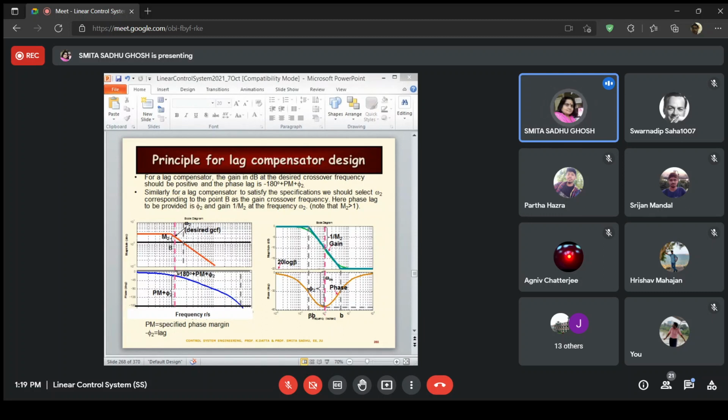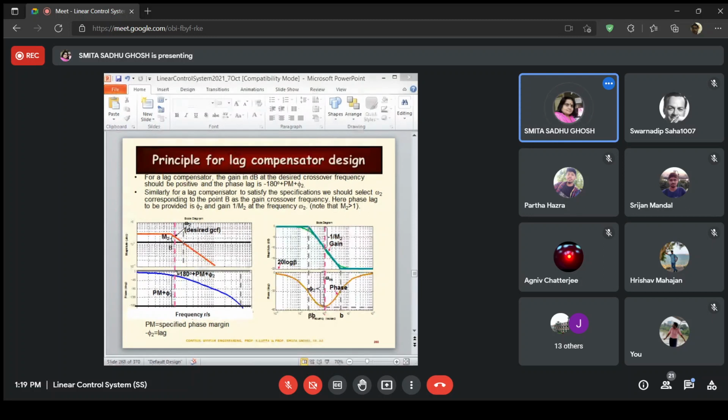The negative gain plus the negative gain cannot make the gain of the compensated system 0 decibels at any frequency. This was the original gain crossover frequency, meaning the uncompensated system gain crossover frequency. So I cannot put the desired gain crossover frequency beyond the gain crossover frequency of the uncompensated system.